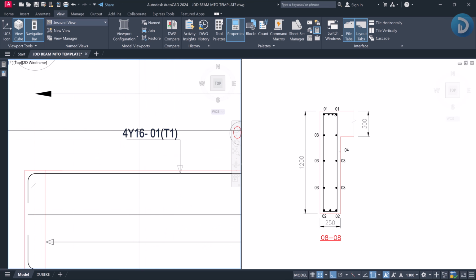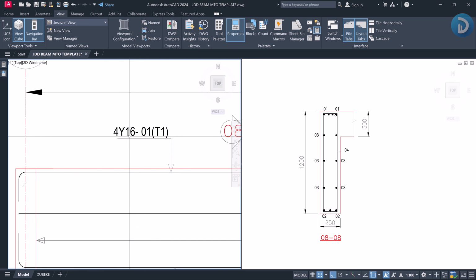Which means we have four numbers of these reinforcements, and the diameter of this reinforcement is 16 millimeter, or we can say the type of the bar is Y16. The diameter is 16 millimeter, our bar mark is 01, and this is at T1, which is the top bar level 1.